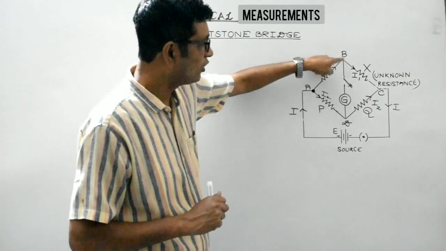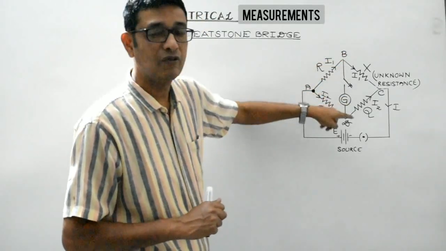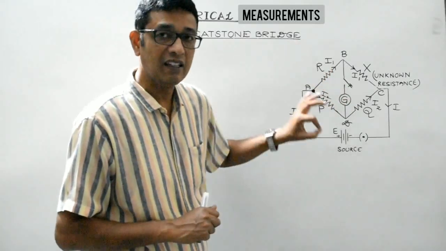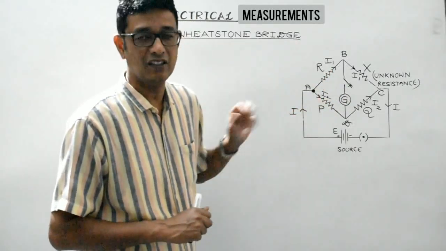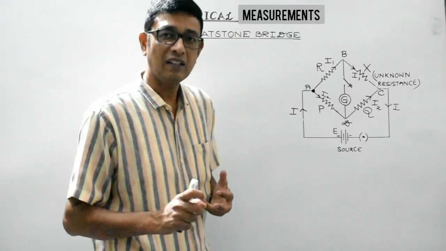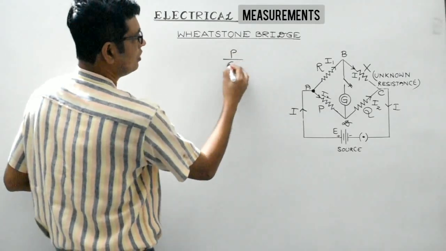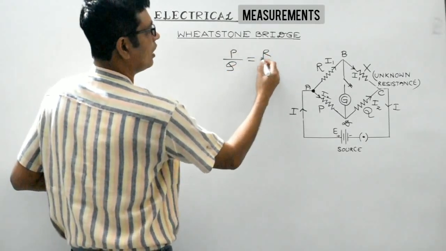If the ends of the conductor are maintained at the same potential, then the current would be zero. And in that case, the bridge is said to be balanced. And mathematically, we are going to verify the fact that in the balanced condition, P by Q is equal to R by X.